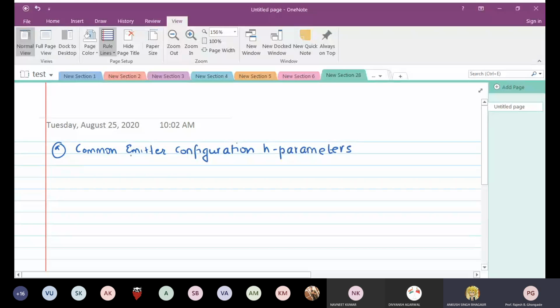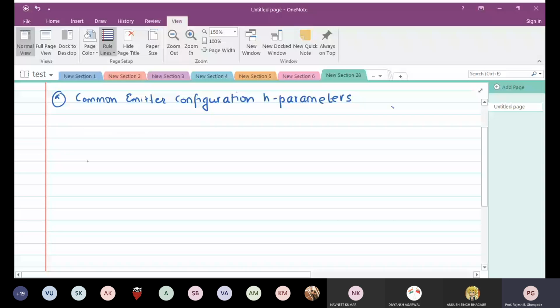So the very first thing is the common emitter configuration, H parameters. We already have the circuit with us, so I'll draw it again.